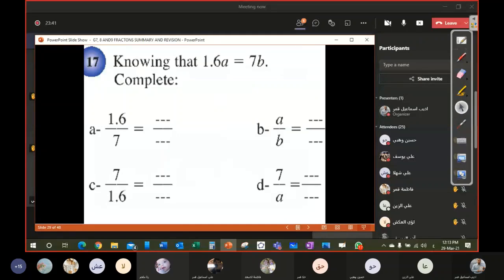Okay? Right. Let's continue here. Knowing that 1.6a equals 7b, how can we write them if we apply cross multiplication? Here, 1.6 over 7 is equal to what?